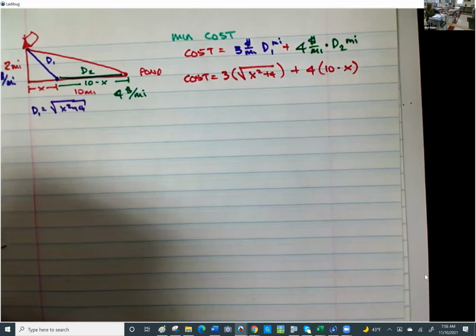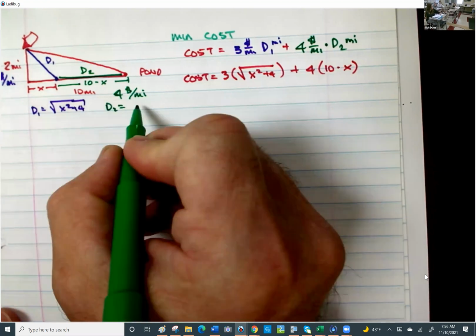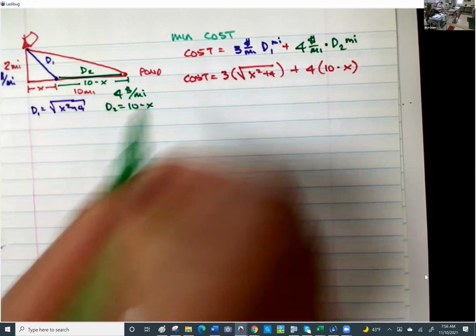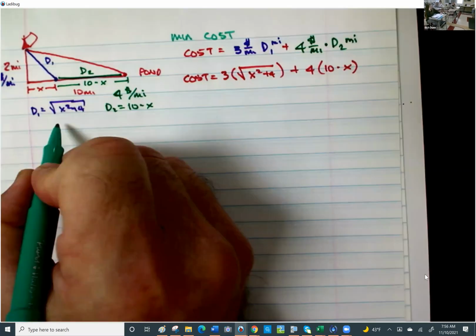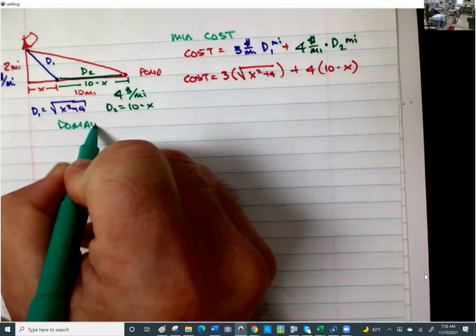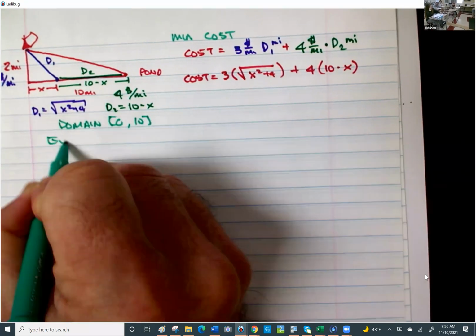Our D2 is the 10 minus x. And then I'm just going to stop that one there because the rest is all the same. We know that our domain would be the exact same, 0 to 10, our EVT applies.